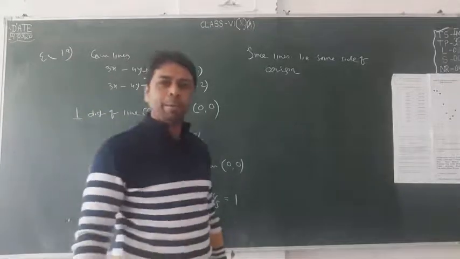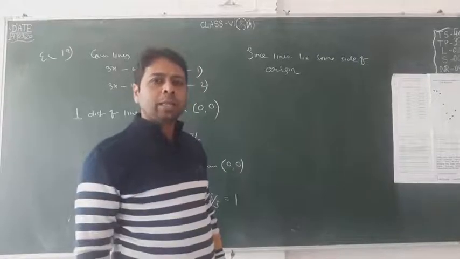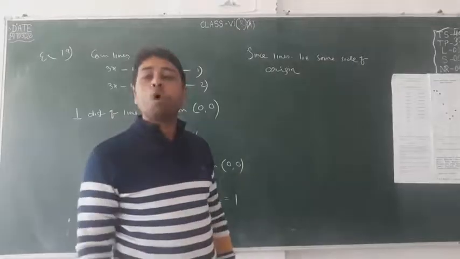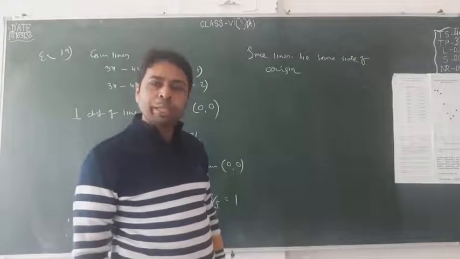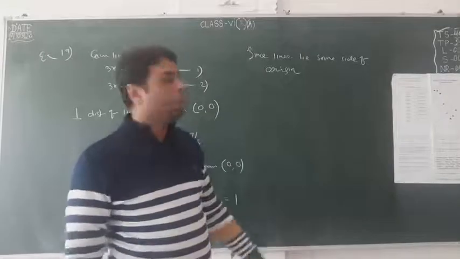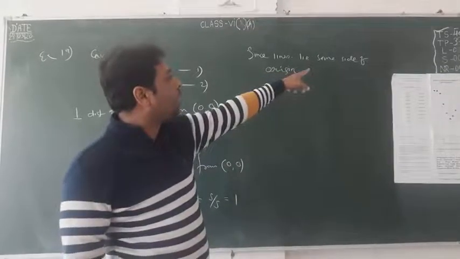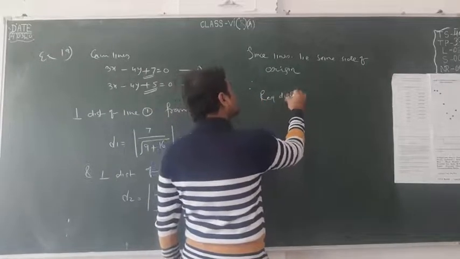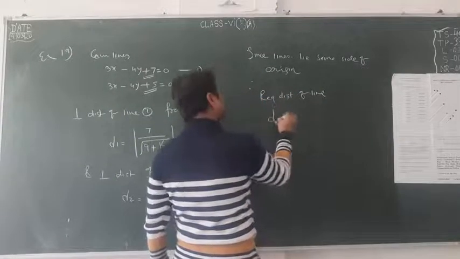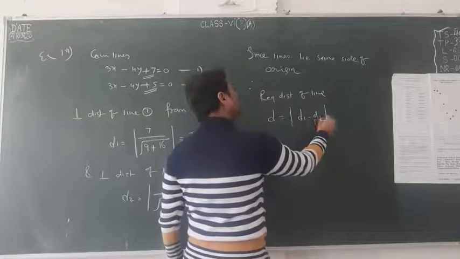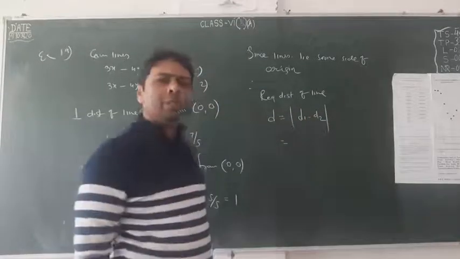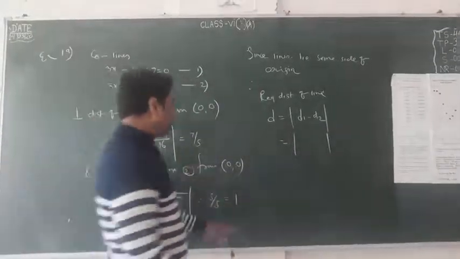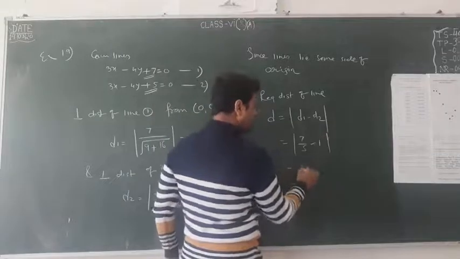If both signs are same, plus or minus, lines lie on the same side. If you have plus and minus, meaning opposite sign of the constant, meaning opposite side from the origin. Okay. Now, since lines lie on the same side of origin, the required distance d, I will subtract. No matter you write d2 minus d1 or d1 minus d2, both are same in mod. So the answer is 7 by 5 minus 1, answer is 2 by 5.